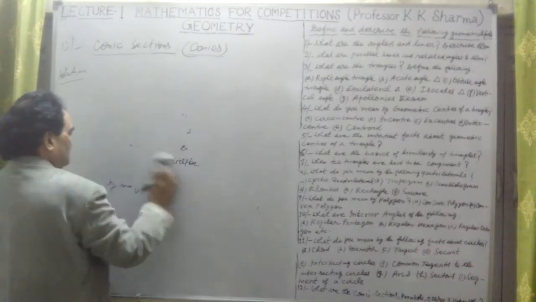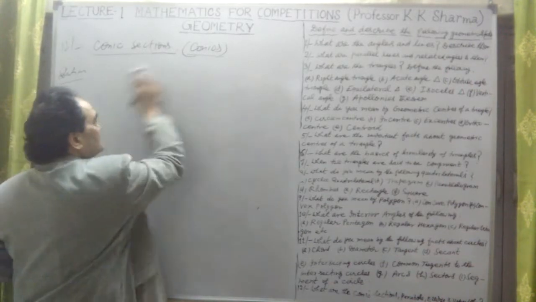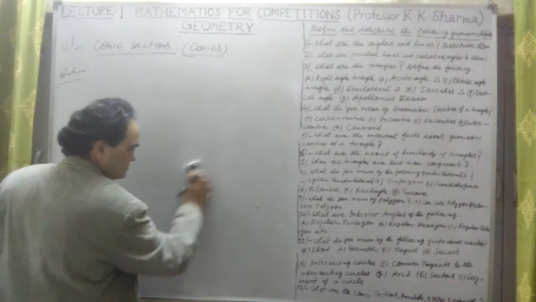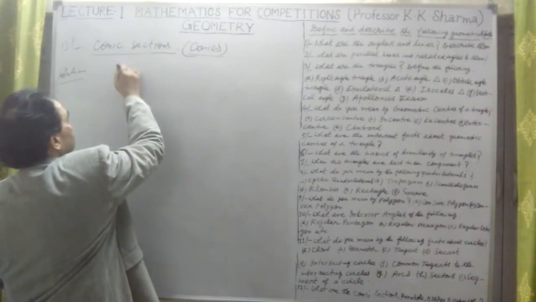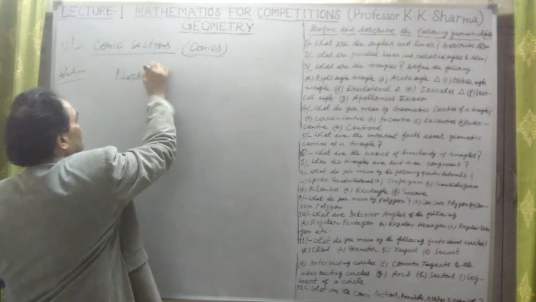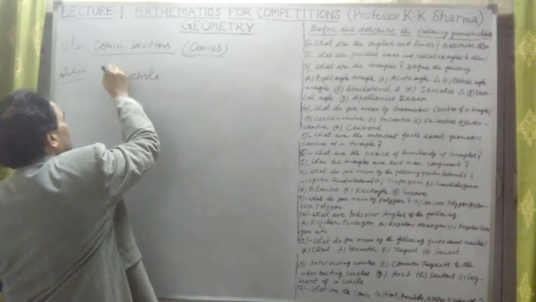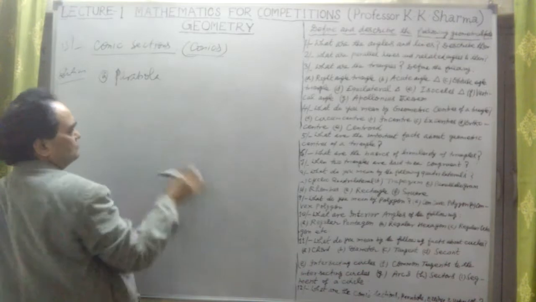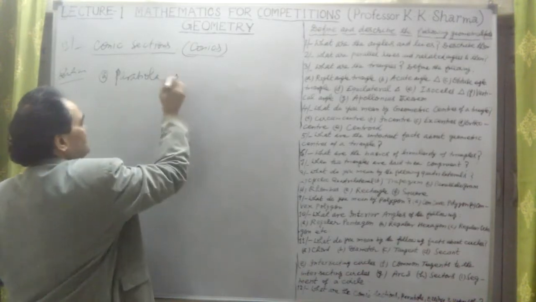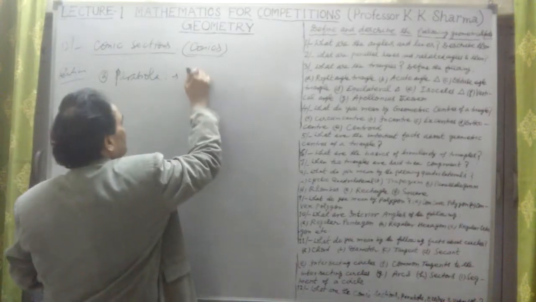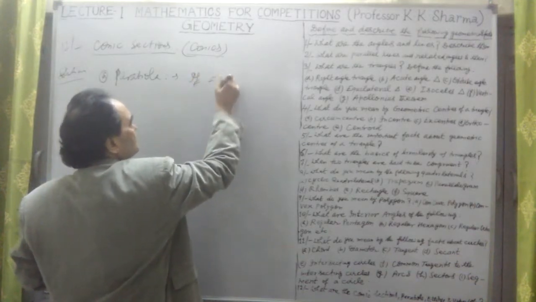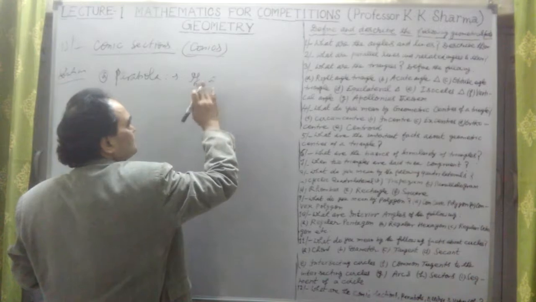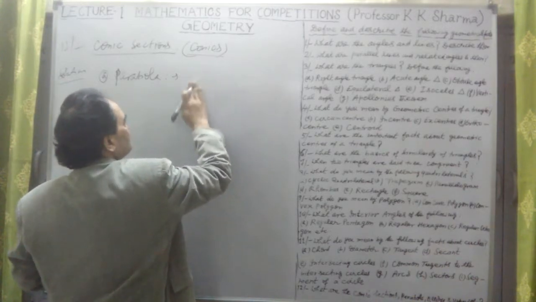So ellipse and parabola and hyperbola. What is an ellipse? Now first, parabola. Among the conic sections, first is the parabola. How a parabola is obtained, I have just talked about. But now the basic definition of parabola. Let me write here.